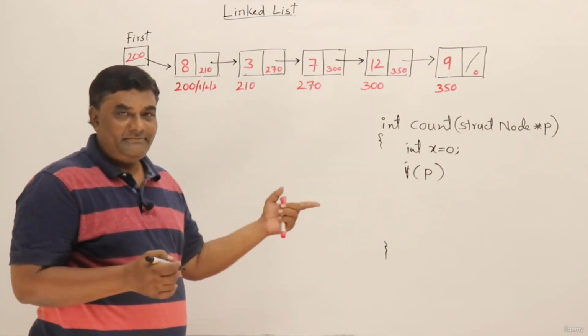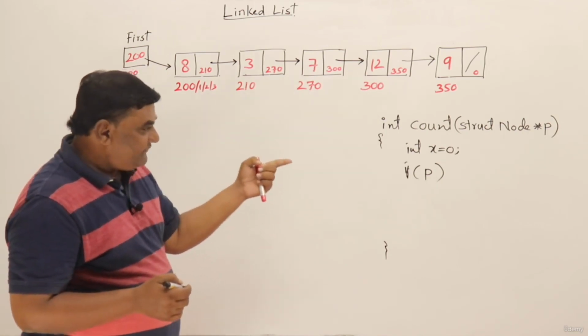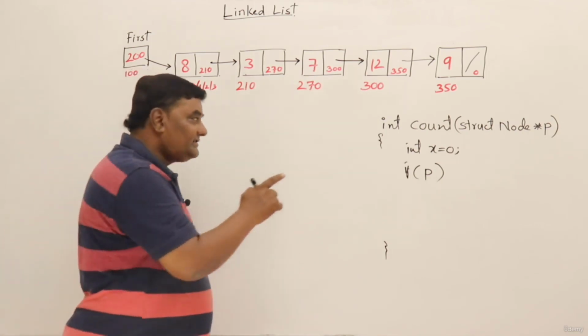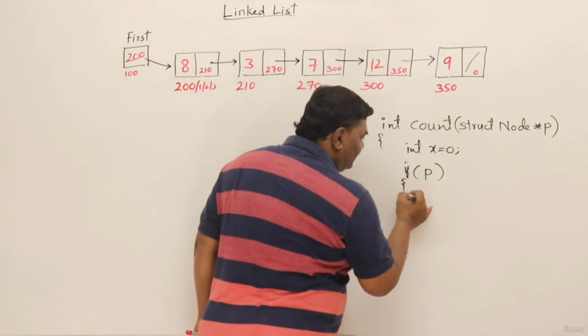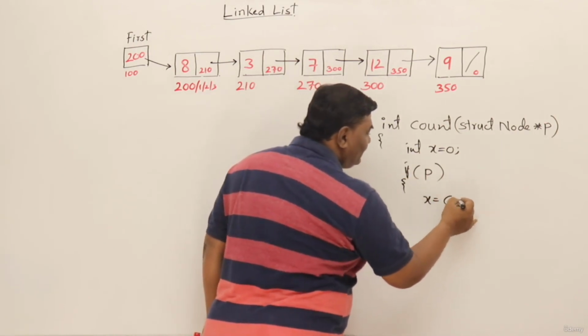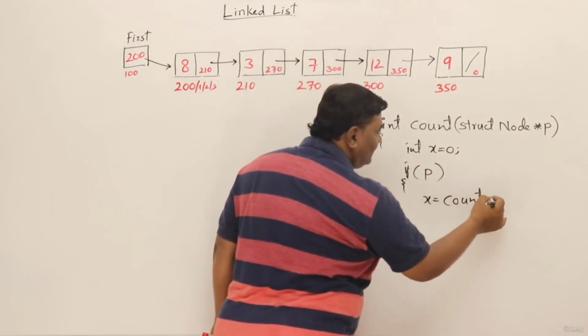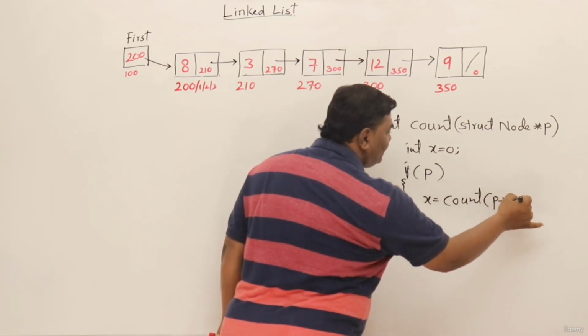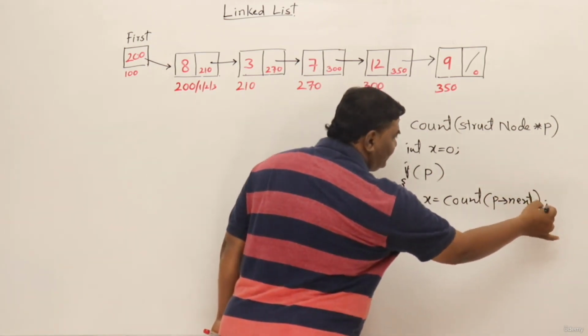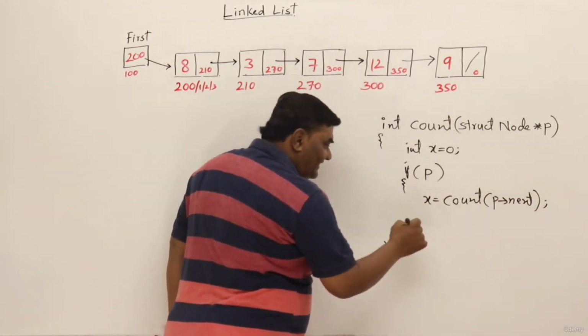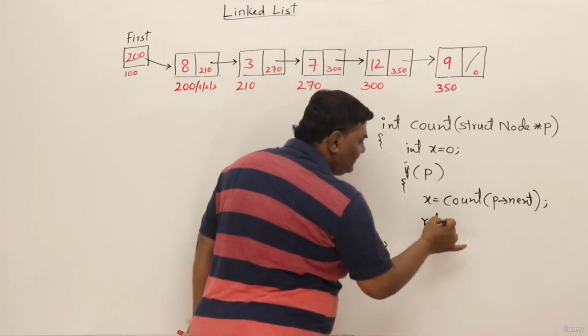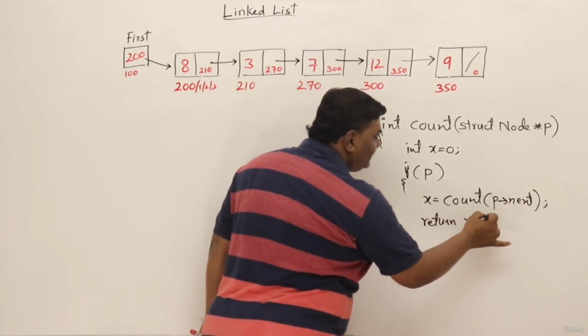If P is null, then it will be false. So this is for P pointing to some node, that is not null. If it is not null, then x is assigned count of the next node. So we'll call this function and get the result in x. Then we will return x plus 1.